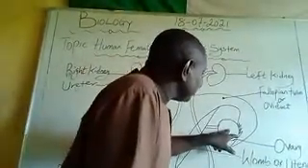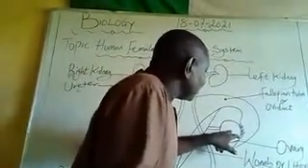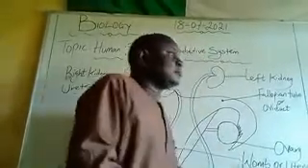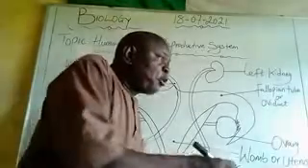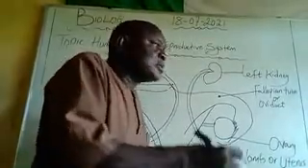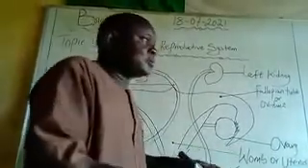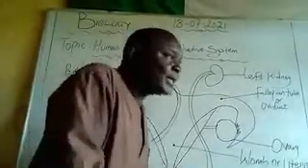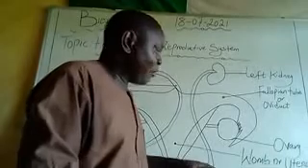Ovary is an organ that produces eggs. The plural form is eggs or ova. The singular form is an egg or ovum. All right?